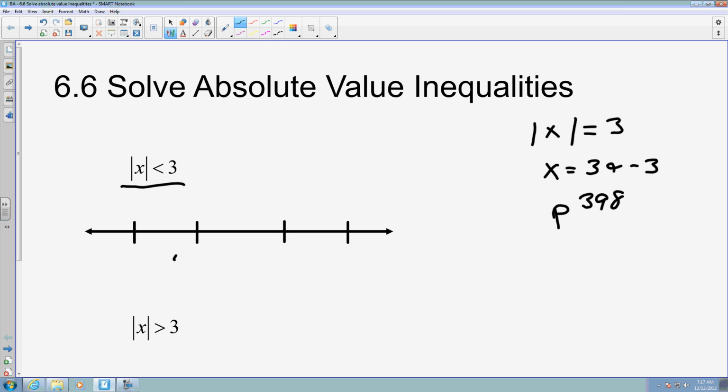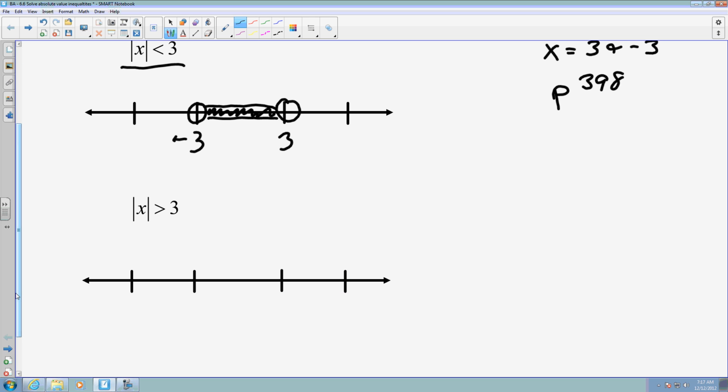I have -3 and 3. We remember from inequalities because it's a less than, not a less than or equal to, so it is an open circle. And the graph is shaded inside, which we remember from previous sections looks like an and statement. It's graphed like an and statement.